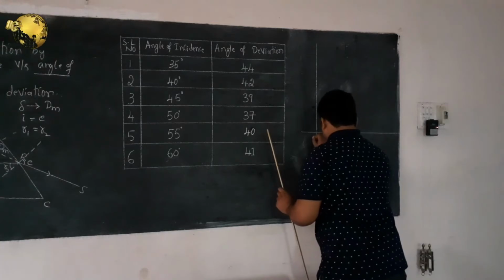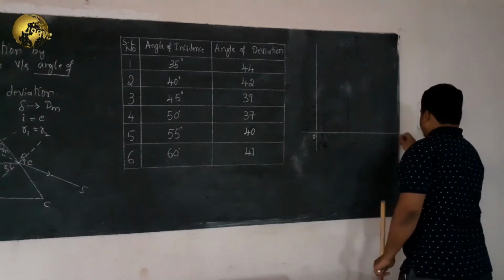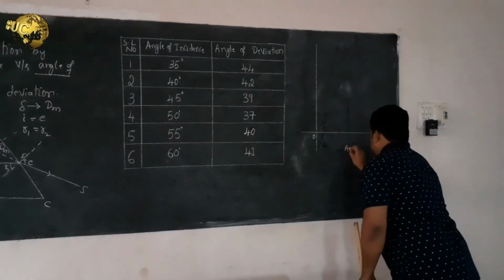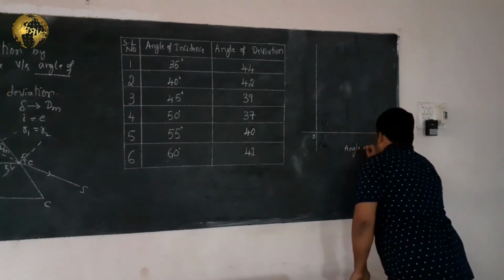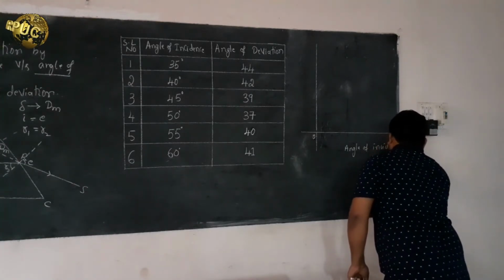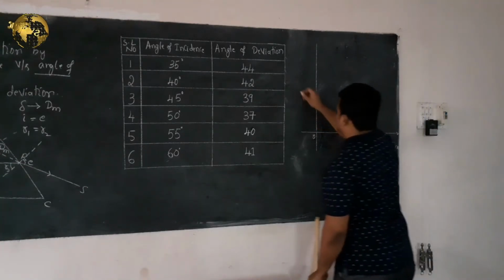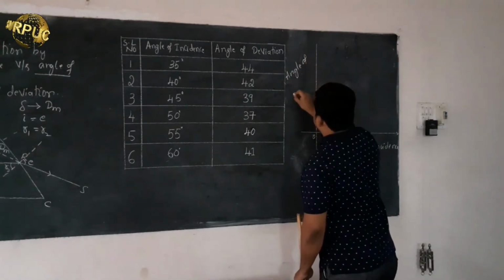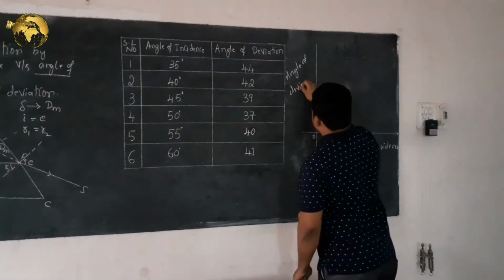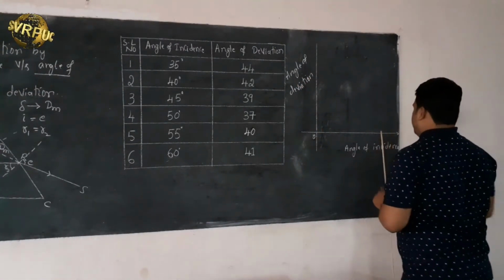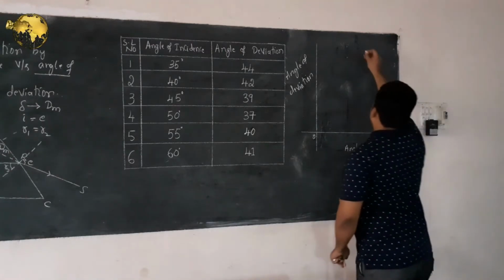Along the x-axis I'm taking the angle of incidence. Here I'm taking the angle of deviation. Let me write the scale.